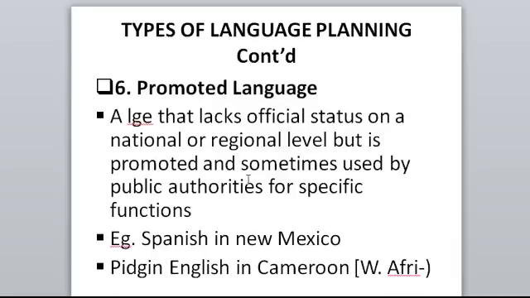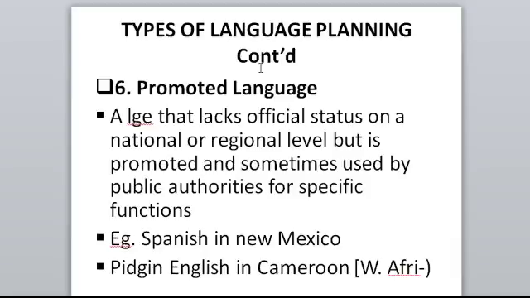Then you have promoted language. The promoted language is a language that lacks official status on a national or regional level, but is promoted and sometimes used by public authorities for a specific function or for specific functions.